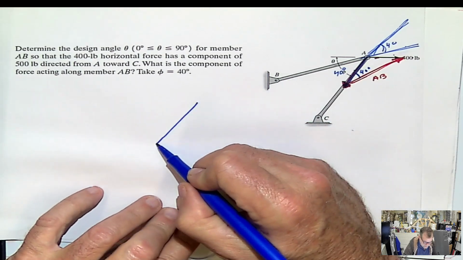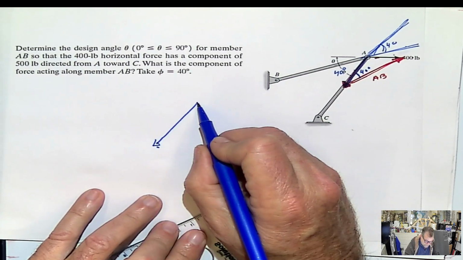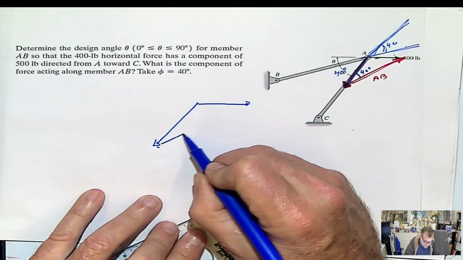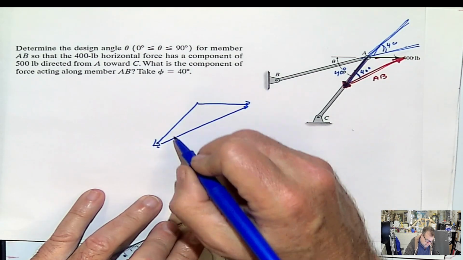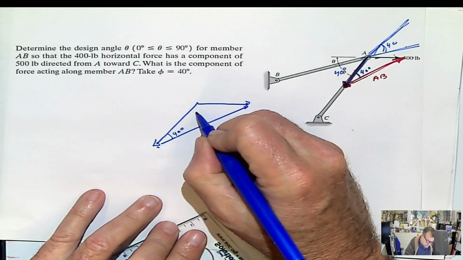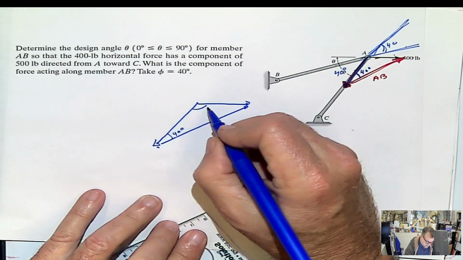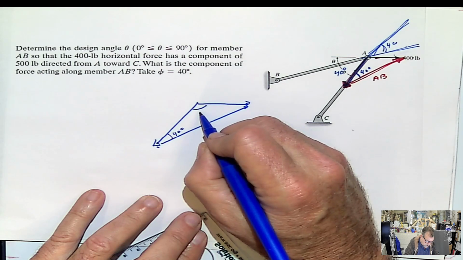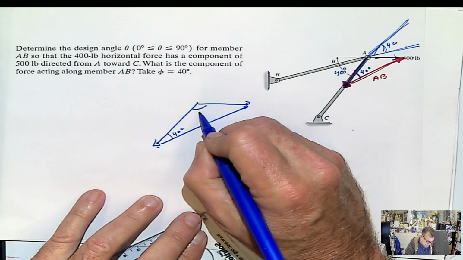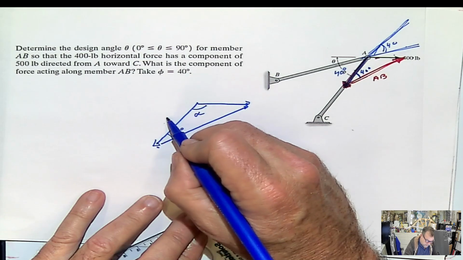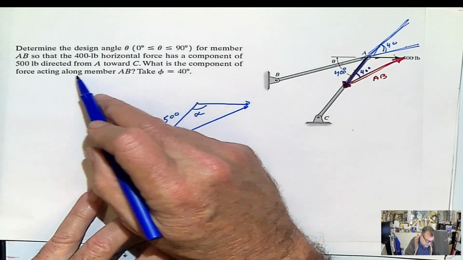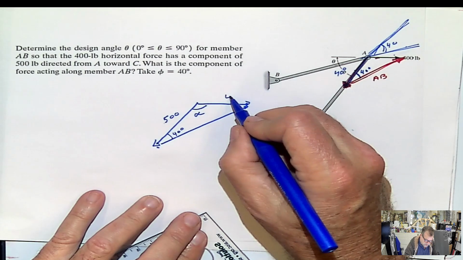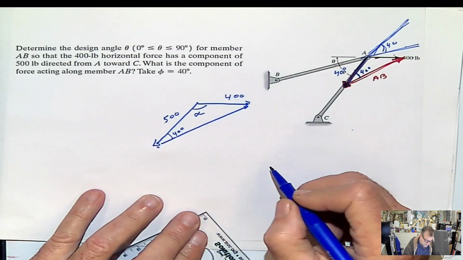And what we have basically is this, and that. This is 40 degrees. This, I don't know how much it is. I'm going to call it alpha. This value here is 500, given in the problem, and this value here is 400, given in the problem as well.